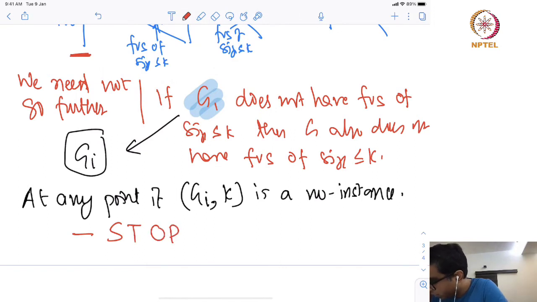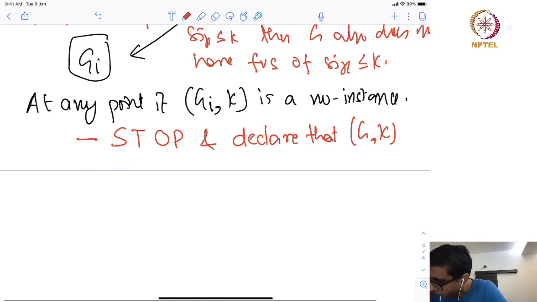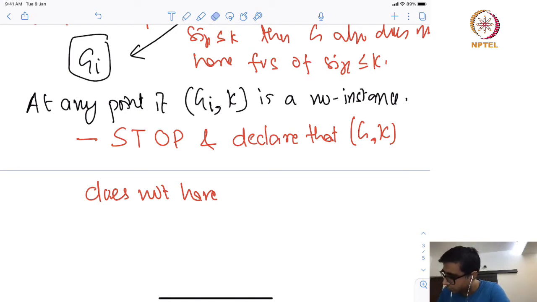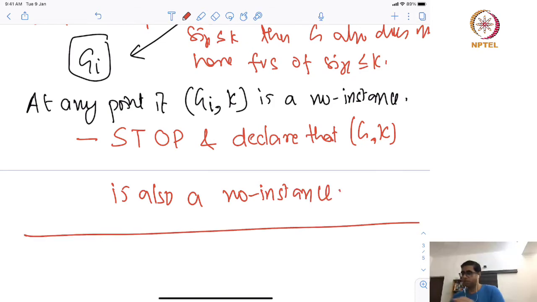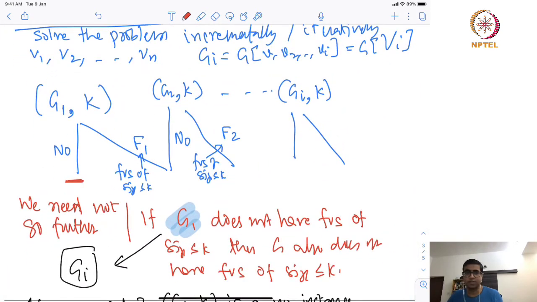Stop and declare that G comma k is also a no instance. So, this is one assertion we can make.